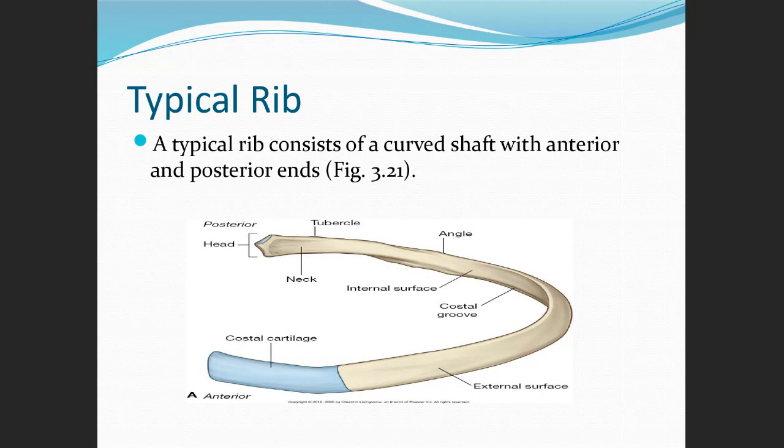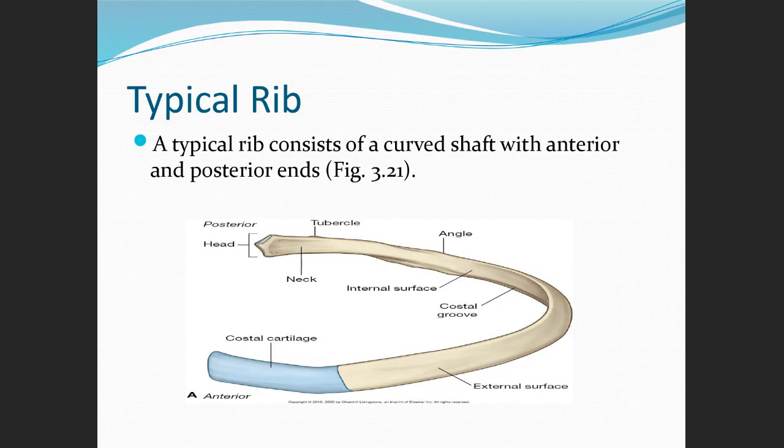Again, the anterior part connects to the sternum through this costal cartilage, and the sternum is the chest bone in the front. The rib curves, as you can see, anteriorly, and the external surface, the surface that you would feel on the outside here, is a very smooth surface. Really nothing characteristic going on there. But on the inner surface, there's a costal groove.